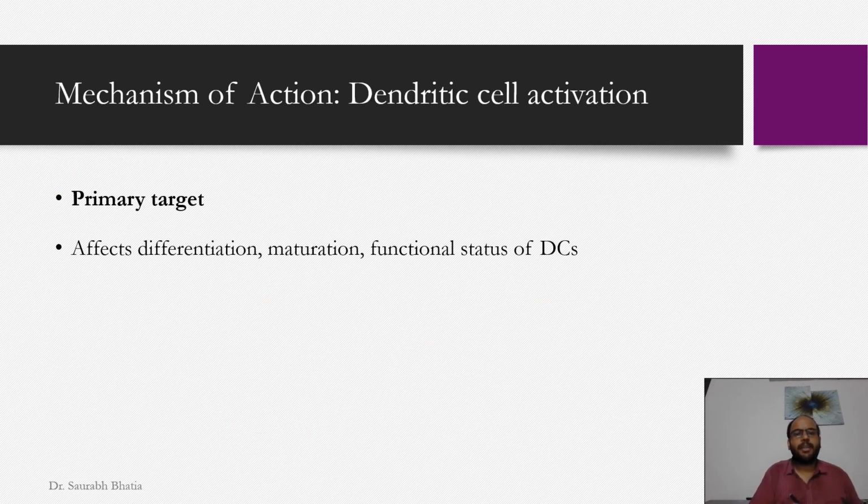Dendritic cell activation. Multiple studies have said that dendritic cells are the primary target of IVIg. IVIg affects the differentiation, maturation and function of dendritic cells.